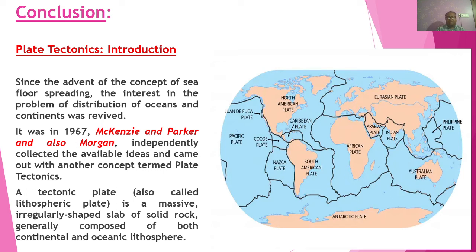Before concluding this portion, one thing we have there, that is the concept of plate tectonics. In the next part 4 video, the last video of this chapter, will be on plate tectonics. What is plate tectonics? Since the advancement of the concept of seafloor spreading, the interest in the problem of distribution of ocean and continents was revived.